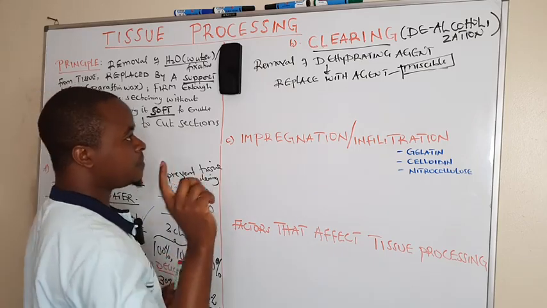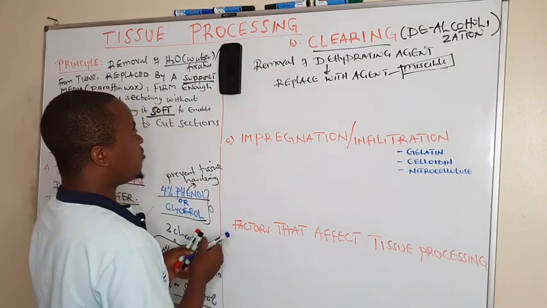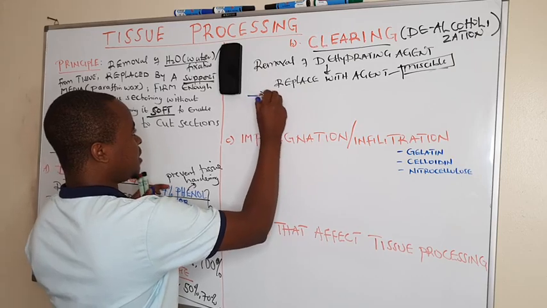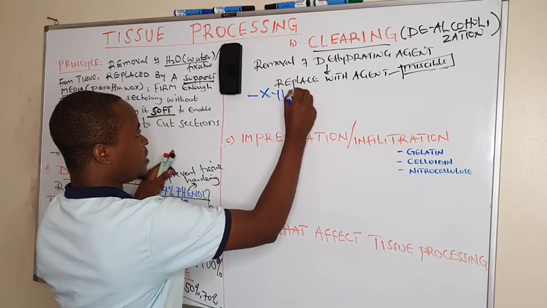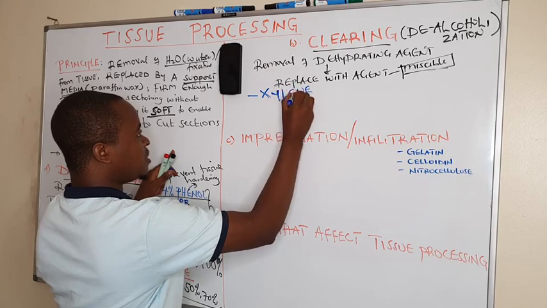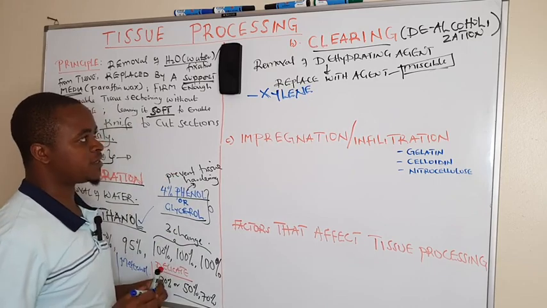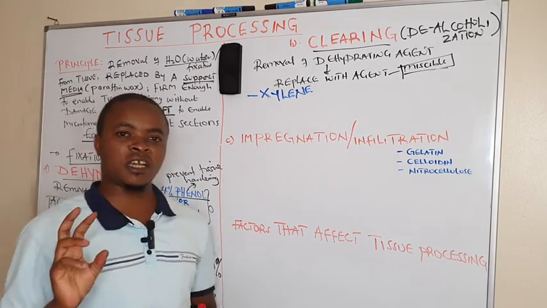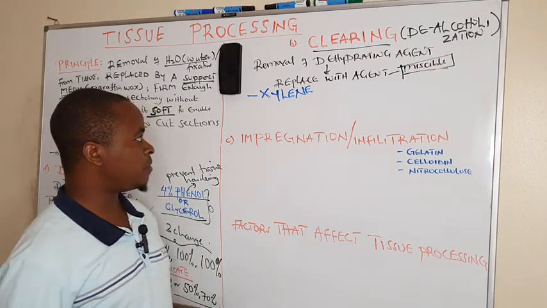Among the clearing agents, the most commonly used is xylene. Xylene is suitable for routine histological sections. Why? It is fast in action, though it causes brittleness of the sample.